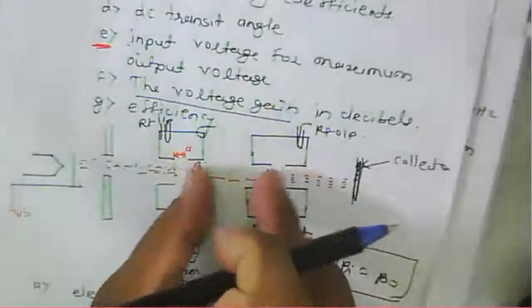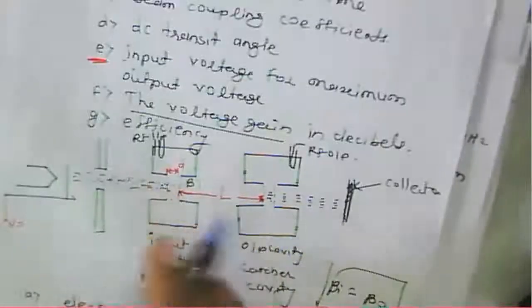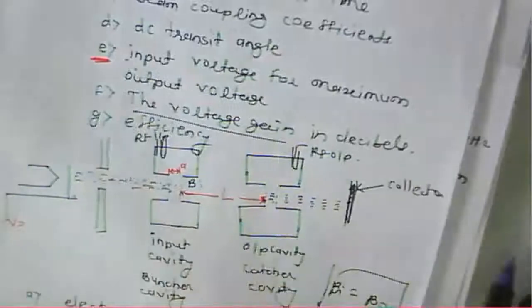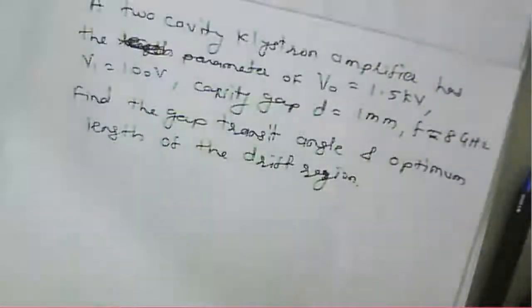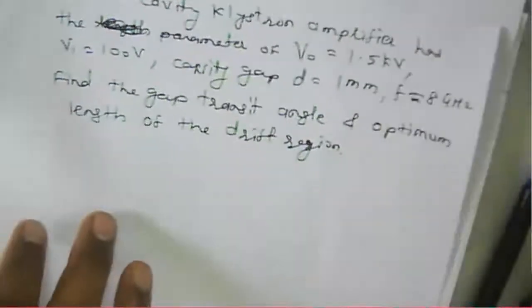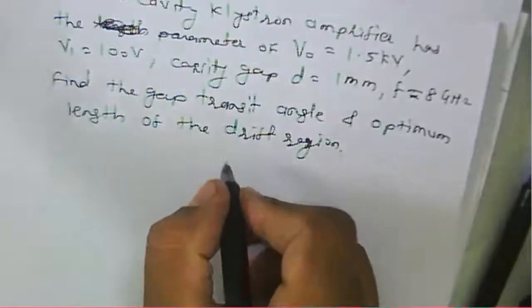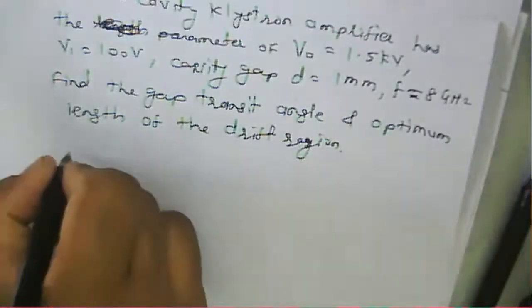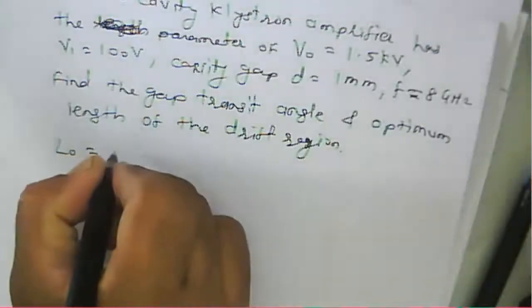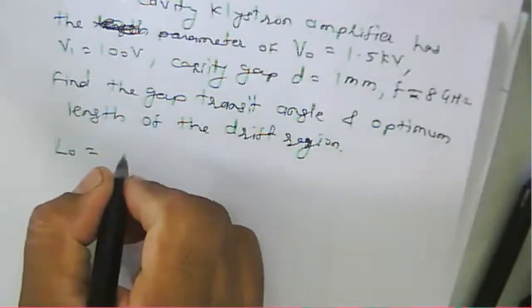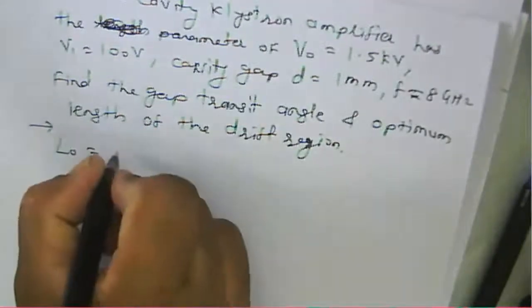What will be the minimum distance between these two cavities? That is called the optimum distance. So our aim is to find the optimum length of the drift region. It means L optimum, the optimum length of the drift region.